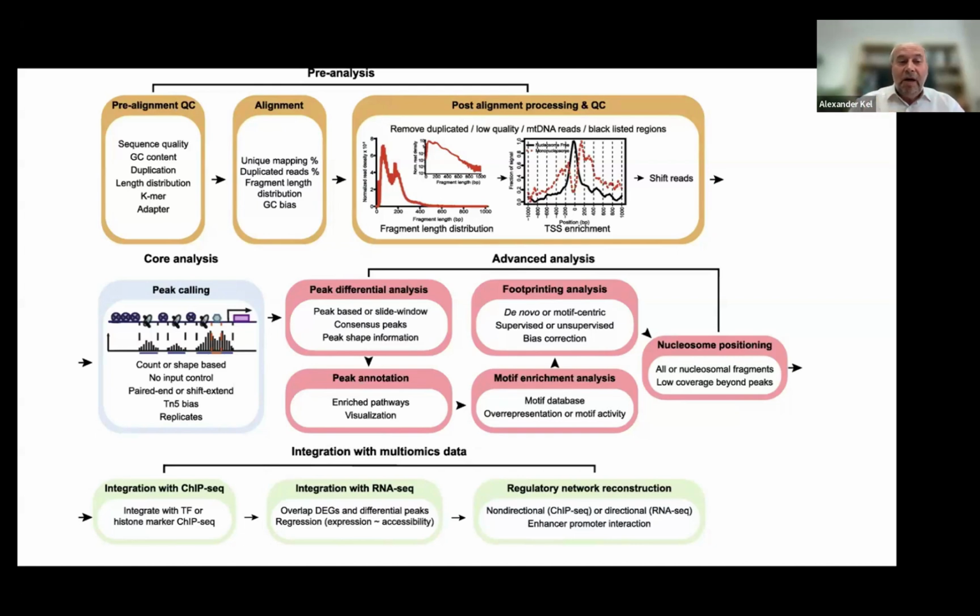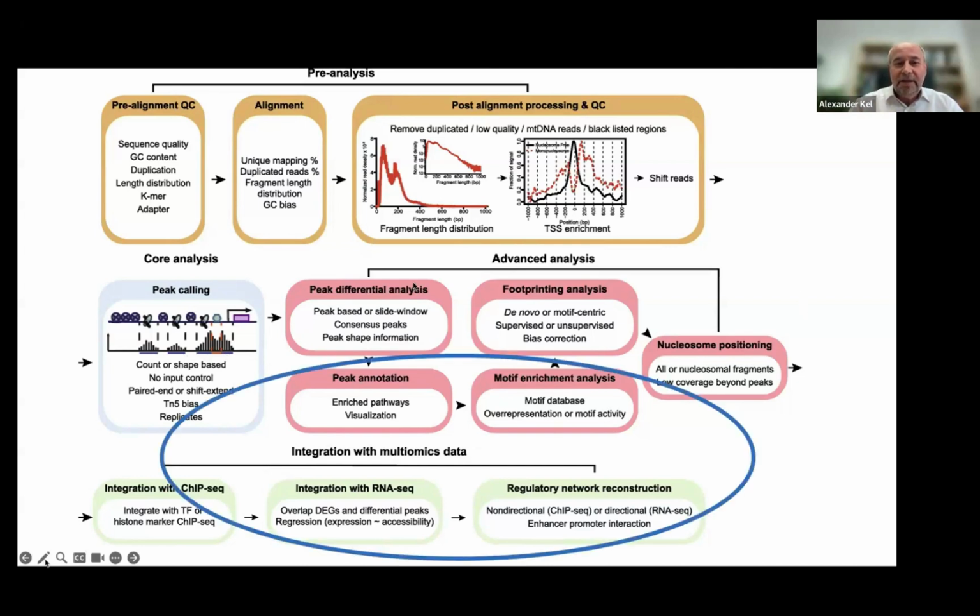All right, but once you have those sequencing reads and you map them on the genome, you are in the area of advanced analysis, and that's where we are going to talk today. I'm not going to talk about all these pre-processing steps, which you can find elsewhere, since there are plenty of tools doing that.